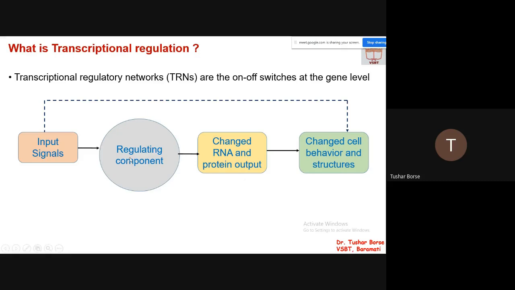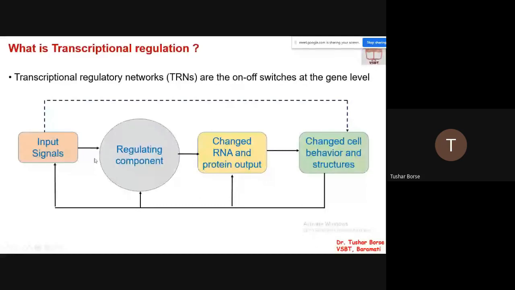Now all these entities, these four blocks which I have mentioned, are related to each other and can interact within themselves. The input signal can directly affect the phenotype change, the regulating component can affect the RNA and protein output, and so on. They are interrelated and interconnected, and each one of them is dependent on the others.